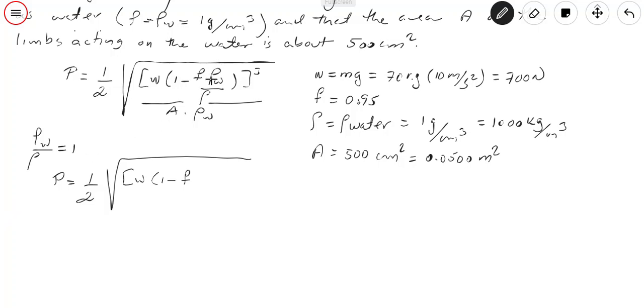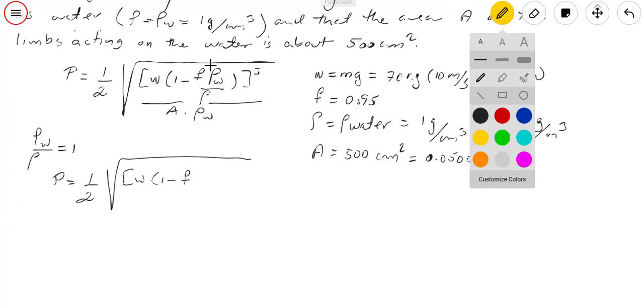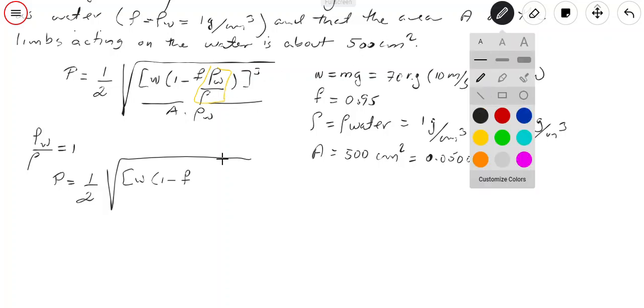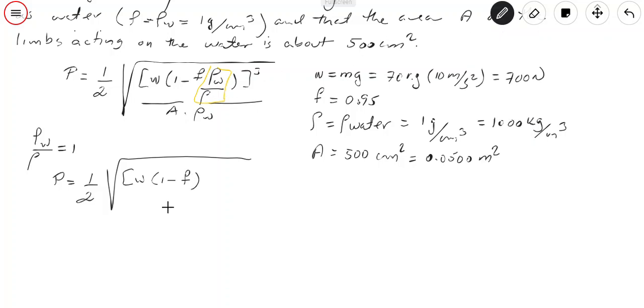This quotient is equal to 1 because the density of the body is equal to the density of the water.